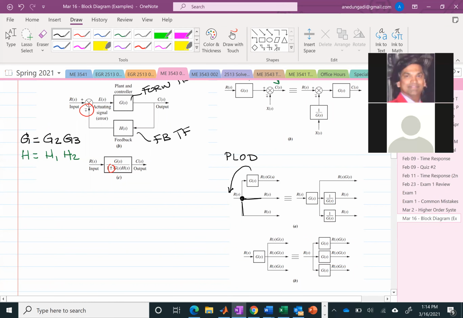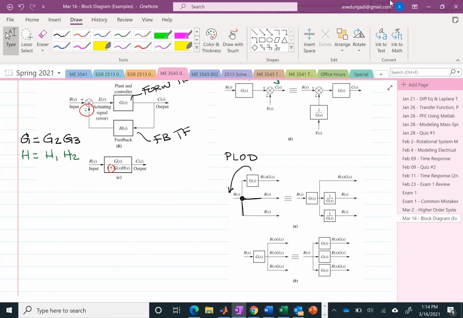So then I have to divide the output, and that's exactly what I'm doing. I'm dividing the output. This output, I'm dividing by what I moved, and the same thing here.